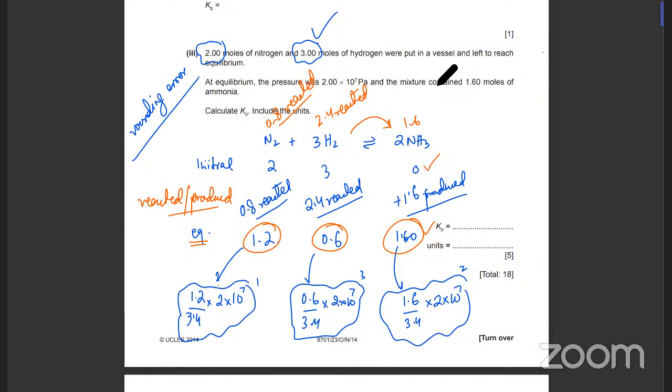And then it stated that at equilibrium, it contained 1.6. So that means 1.6 got produced, right? Is that clear? Yeah. So according to the equation, if you want to produce 1.6, 2:3, how much H2 must have reacted? It must be 2.4 moles, right?